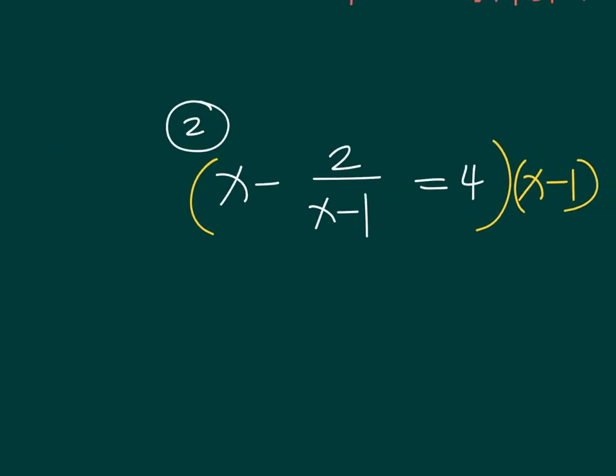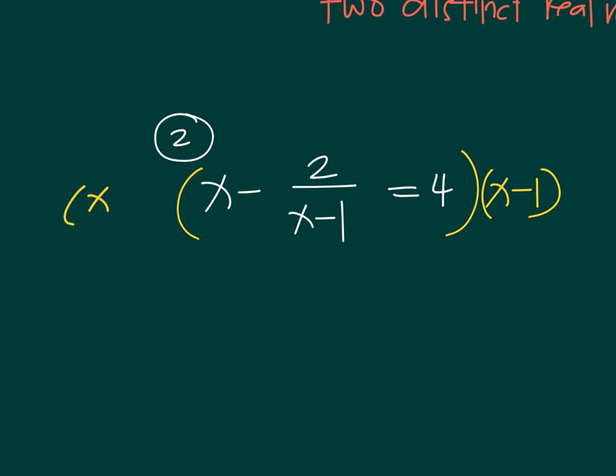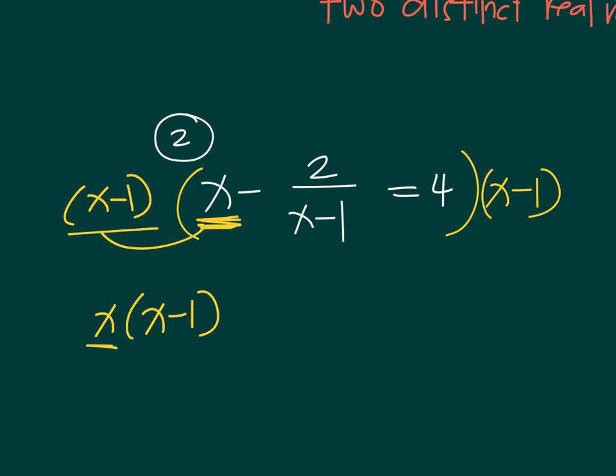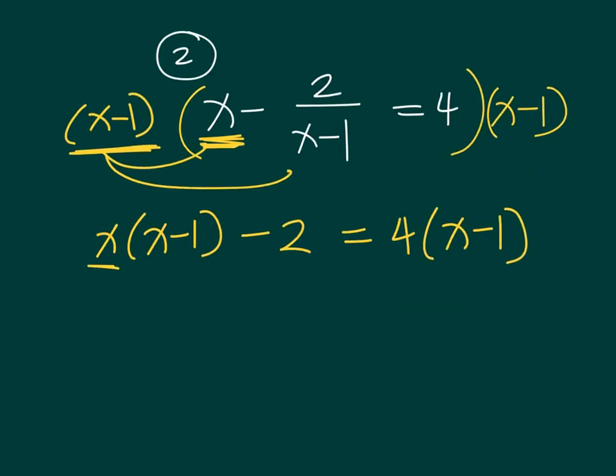So x minus 1, and this will give us x with an x minus 1. See? x with an x minus 1. For the second, the x minus 1 will cancel with the x minus 1. So you have minus 2. And then on the other side, 4 will be multiplied to x minus 1.